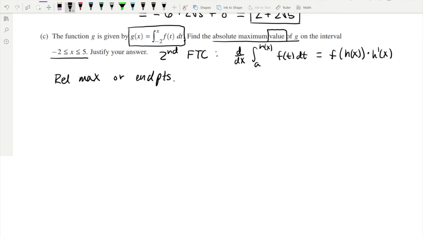So probably what we should do is try to find any of the potential places where relative maxes could happen, which would be at critical points. And then we're going to want to make a table to find the value of g at the critical points and at the endpoints and see which value is largest.